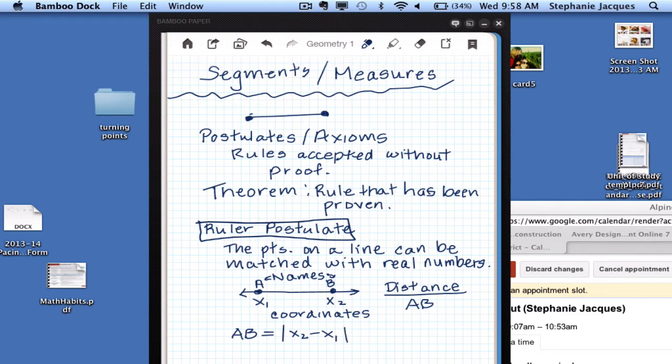So let's say x1 was 3 and x2 was 5. I would do 5 minus 3, and then I knew it was 2 units away. So you're just plugging the x2 and the x1 in to find out. But remember, it's absolute value, so you're not going to have a negative distance for that one. So that's the ruler postulate.